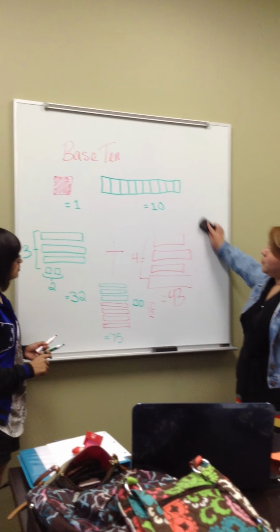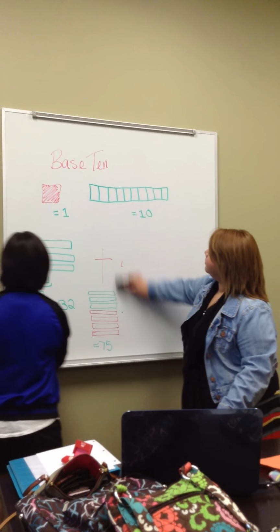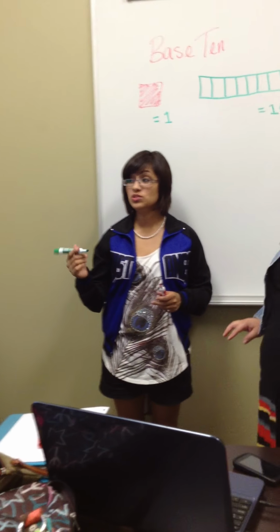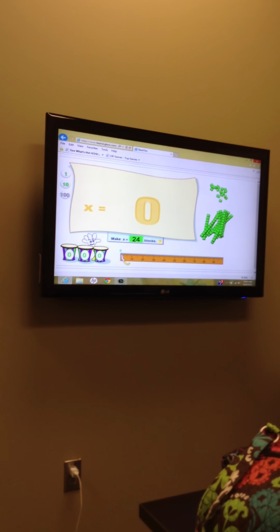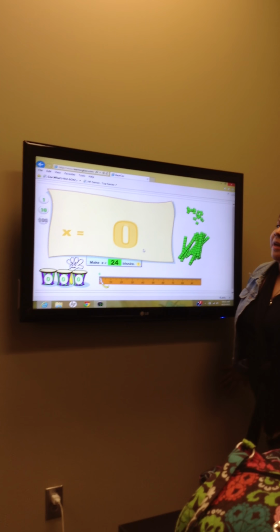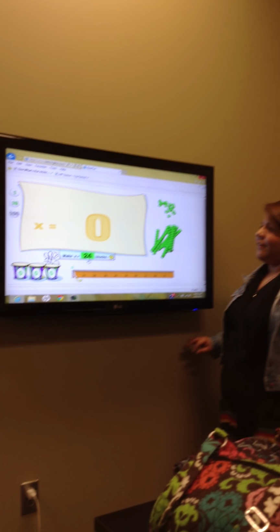Now we can go ahead and move on to, do you want to do the activity? Yes. So what we're going to show you is something that you can get used to using, the building blocks when you're working with math problems in double digits. You can use different manipulatives that you have available.